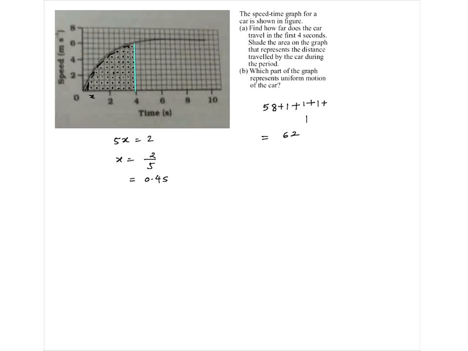Let's look into height now. Let's say height of one box is y. So 3y is 2. y is 2 by 3 meter per second.